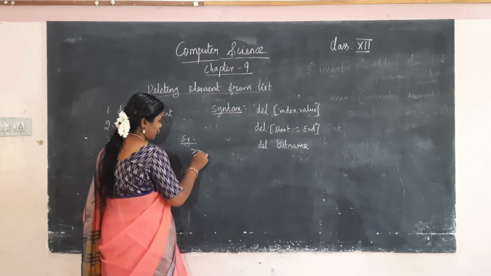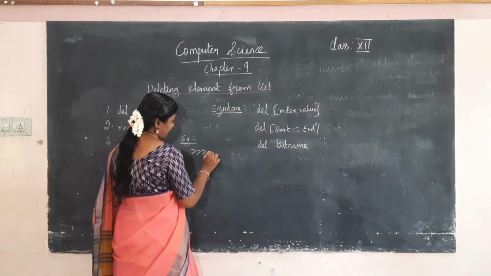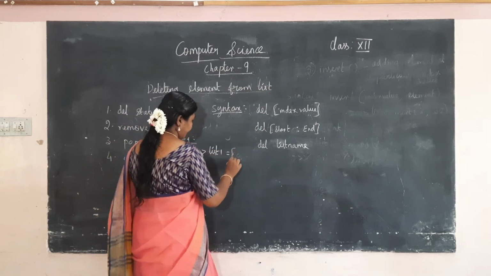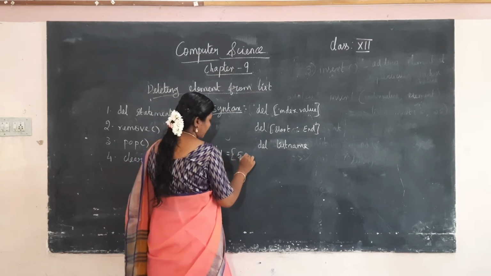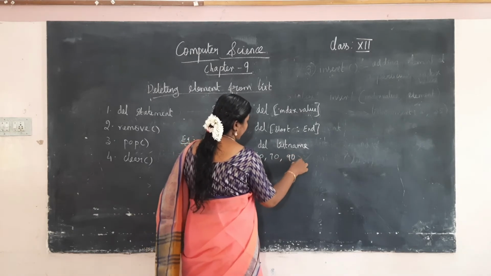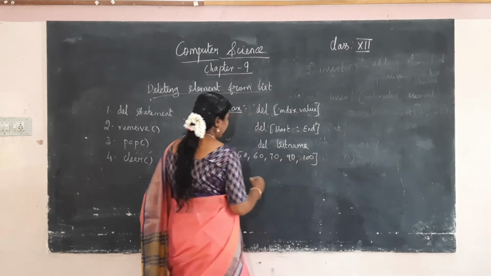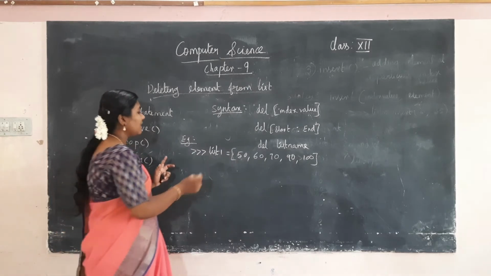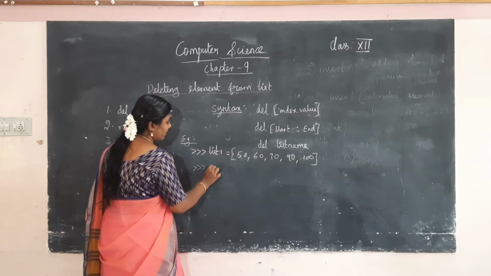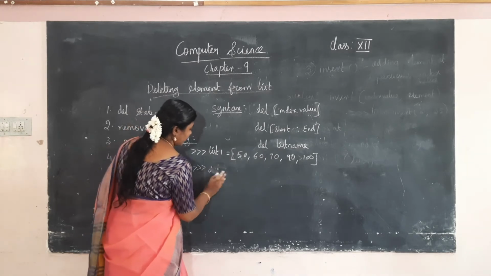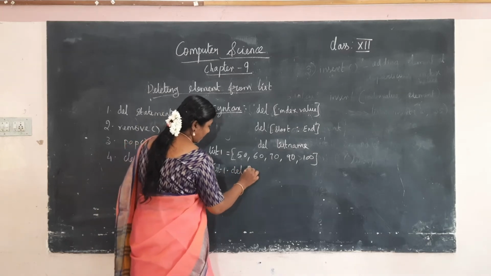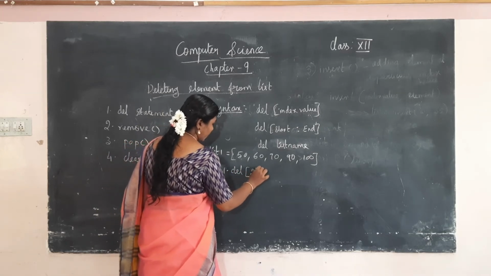So let me create list 1 is equal to 50, 60, 70, 90 and 100. So in my list I have 5 elements, and next if I want to delete something, I give del list 1 with index 2.